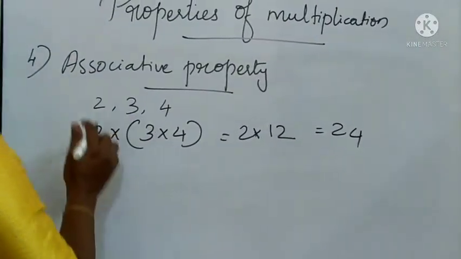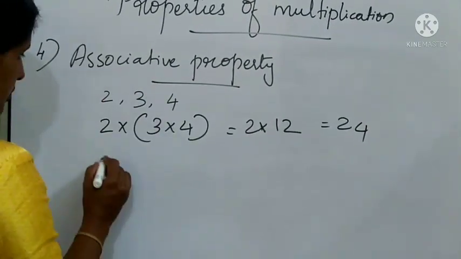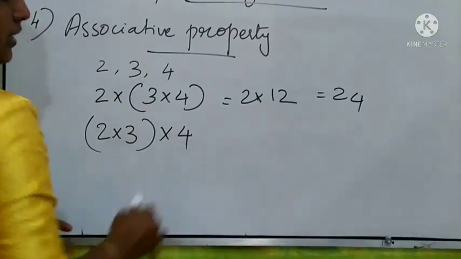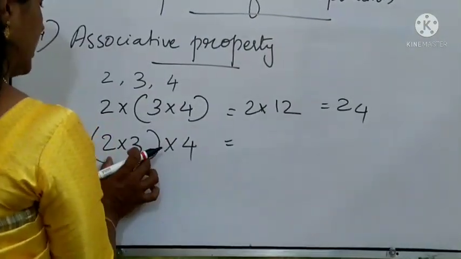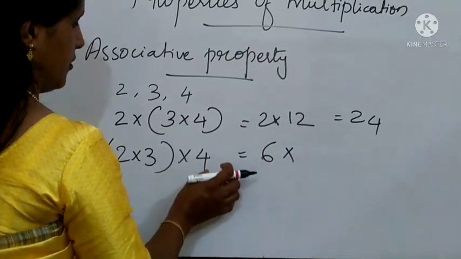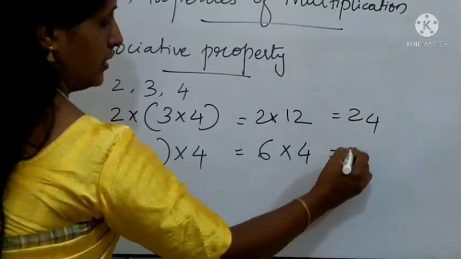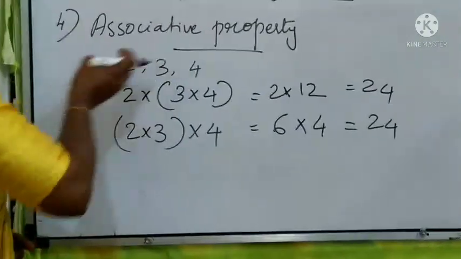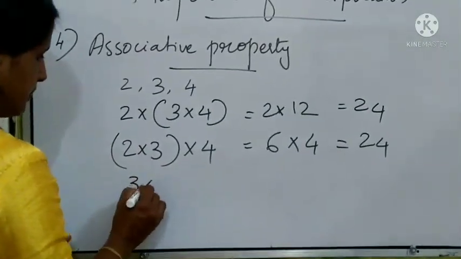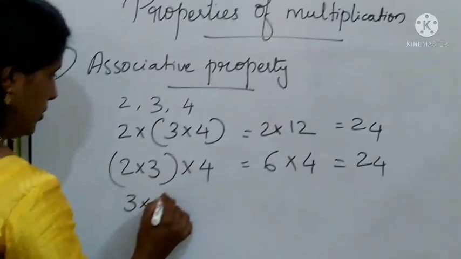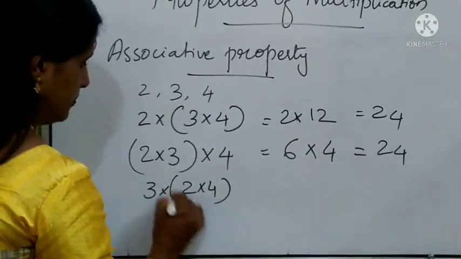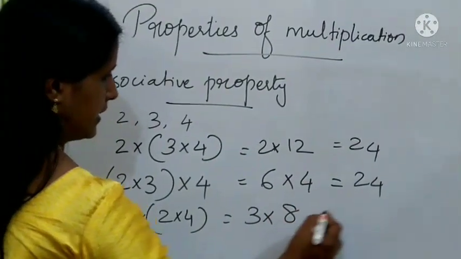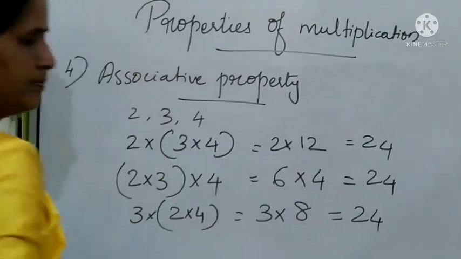Next I group these 2 numbers: (2 into 3) and 4 put outside. 2 3s are 6. 6 into 4, 6 4s are 24. Next I take 3 on the outside and group 2 and 4: 3 into (2 into 4). 2 4s are 8. 8 3s are 24.